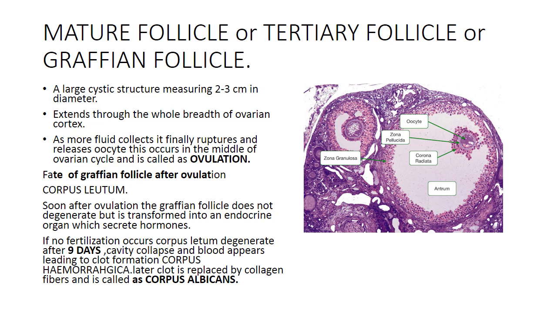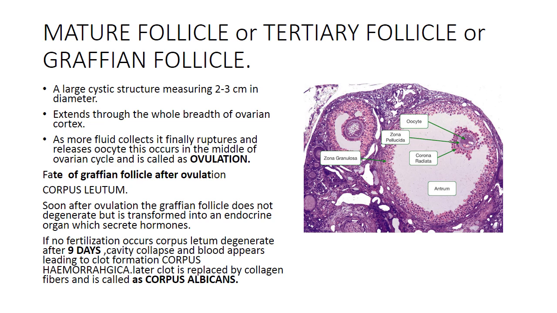Now in this slide you can see that on the left side one or two or three small cavities are present, and the oocyte is being shifted towards the periphery.